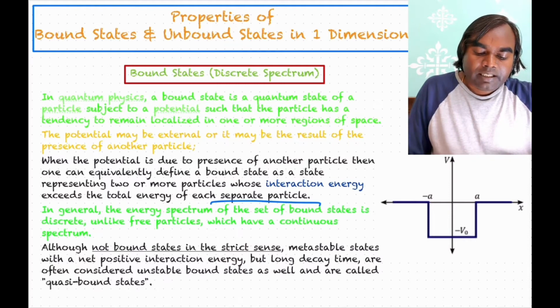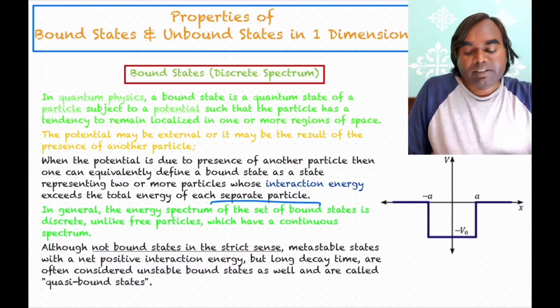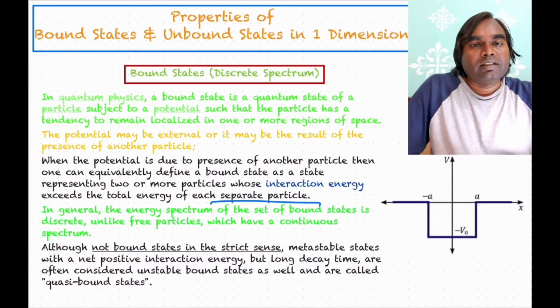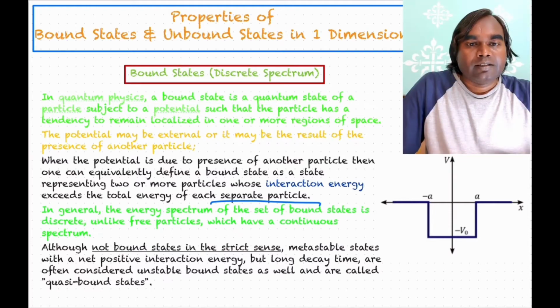In general, the energy spectrum of the set of bound states is discrete. That means in a bound state system, the energy of the particle is discrete. It is not continuous. And the energy of a particular eigenstate is fixed, meaning every eigenstate has its own eigenenergy.